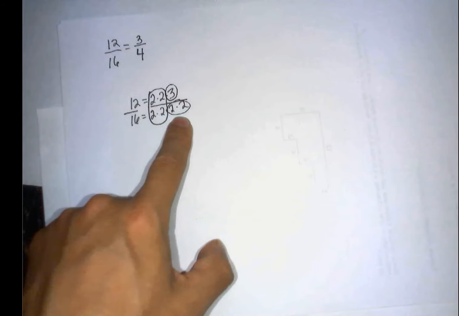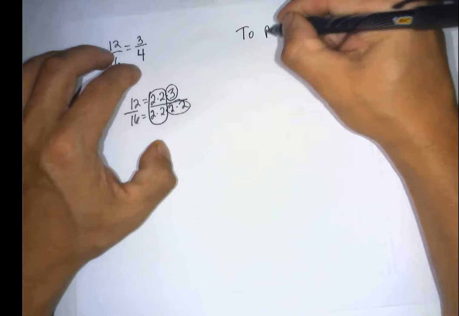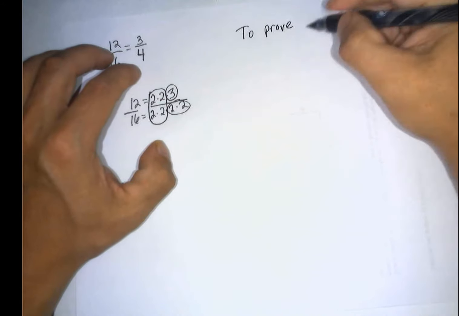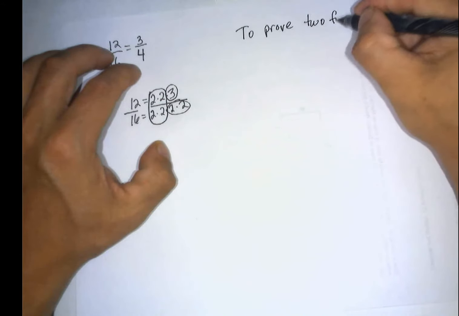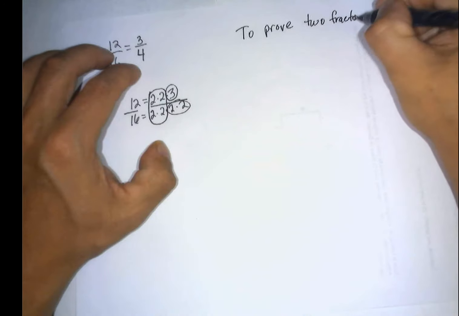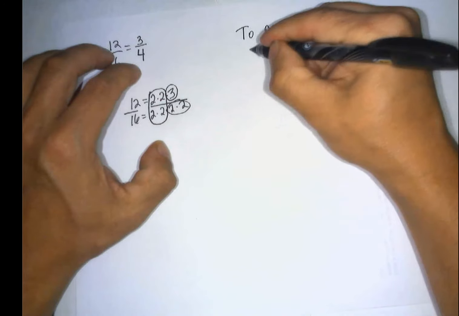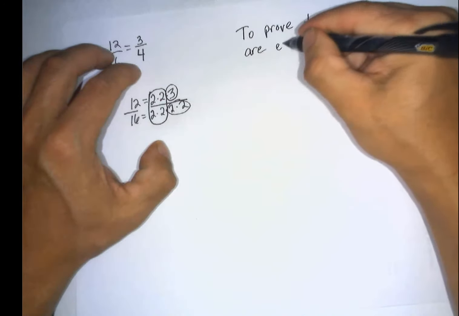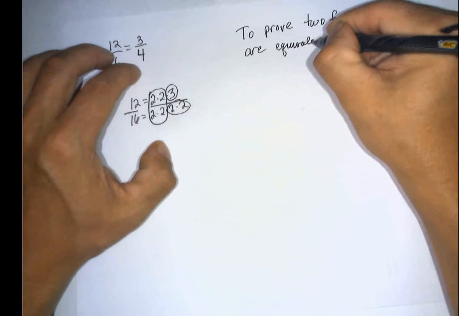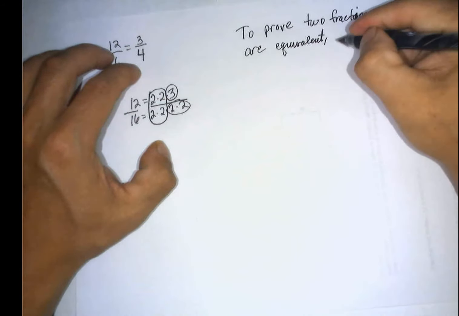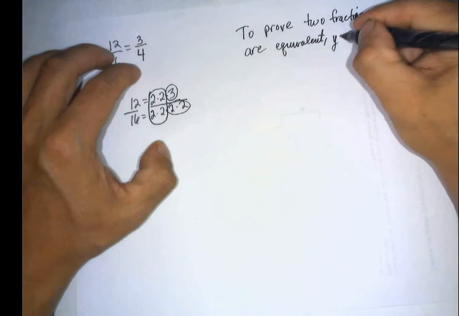Now, to prove two fractions are equivalent, you find their cross products.